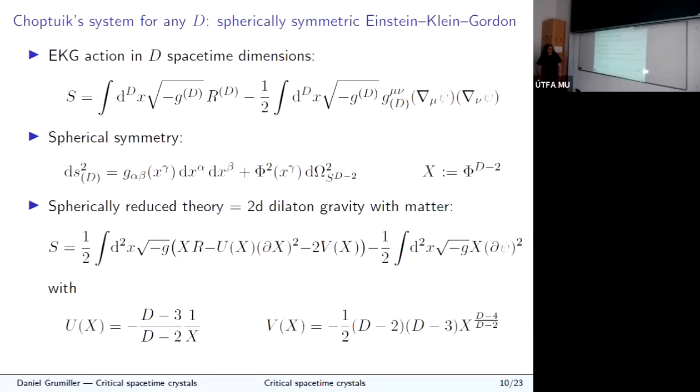The advantage of doing so is that you can treat the dimension as a continuous parameter. You might feel uncomfortable defining Einstein gravity in 3.5 dimensions, but once you have it in this form, the dimension is just a parameter in the dilaton potentials. There's no problem continuing them to any real number, at least any real number bigger than 3.